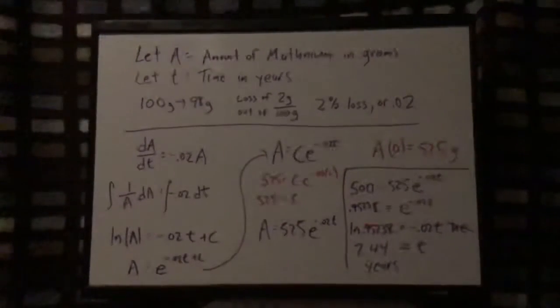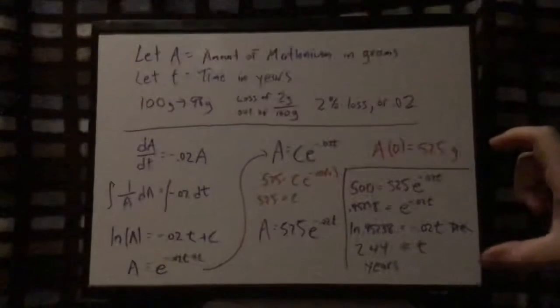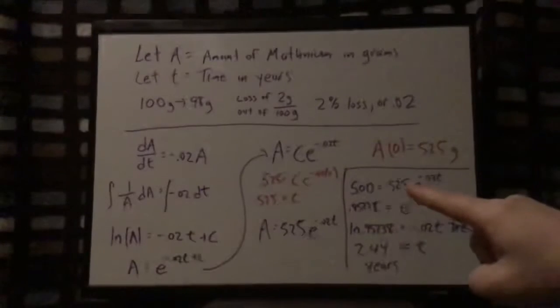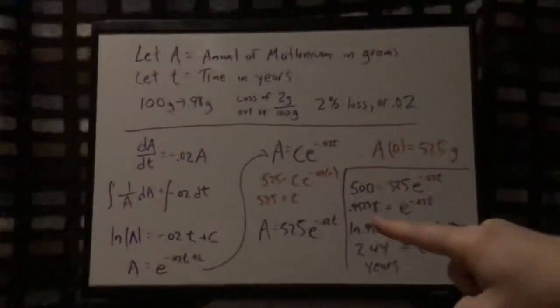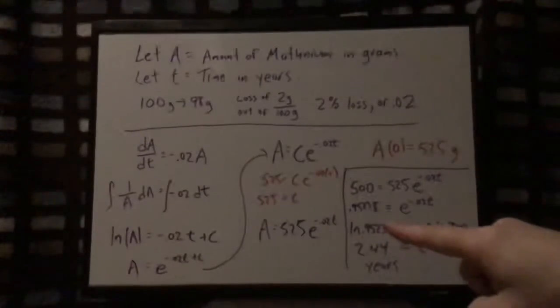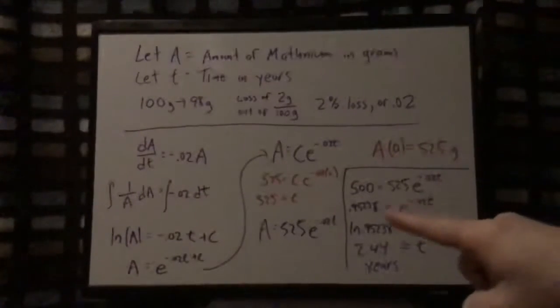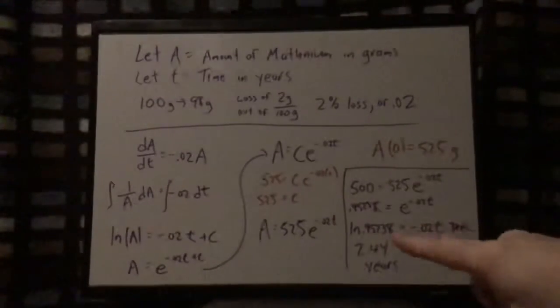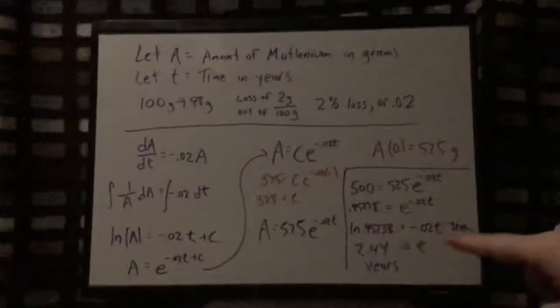Now, once again, I didn't have a lot of space. Hopefully you can solve this kind of stuff from pre-calc or having watched my last example. Just to go through what I did, I divided the 525 over, got that 0.95238, and so on. It keeps going. Then I took the natural log of both sides to get rid of the e. So after doing natural log to both sides, I get natural log of that number.